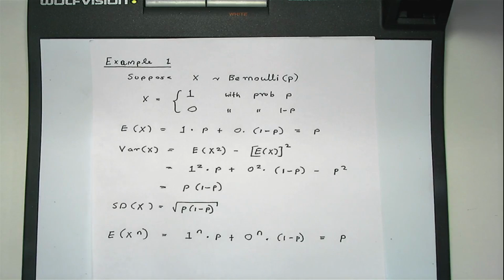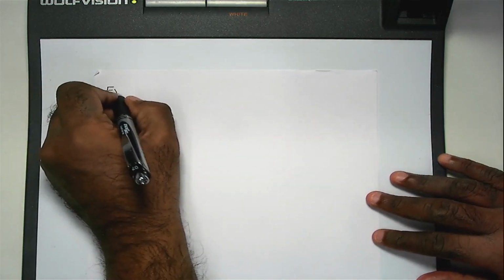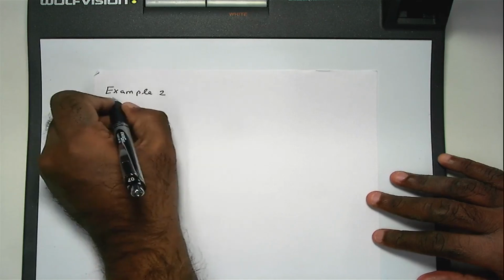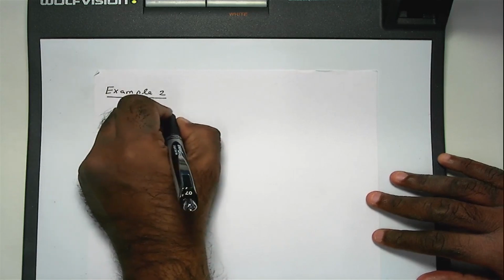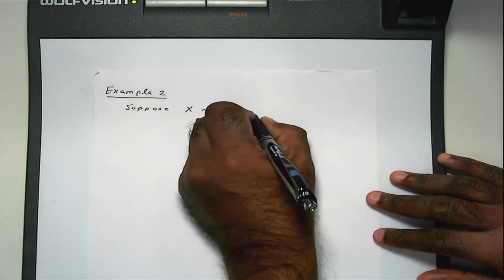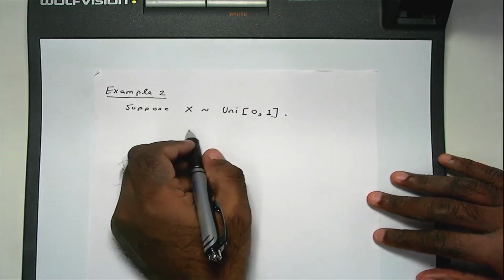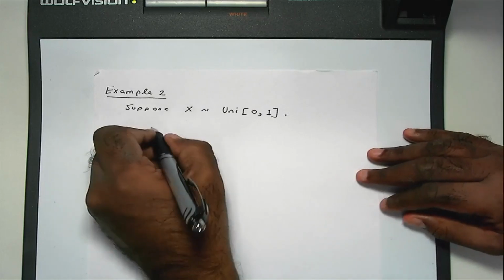Okay. The second example, example 2. Suppose x has the uniform distribution on the interval from 0 to 1. You probably remember this. Again, if you don't remember what this is, I will write it down.